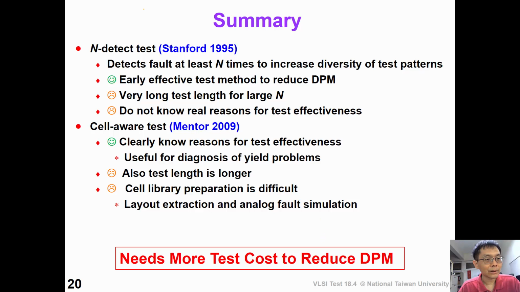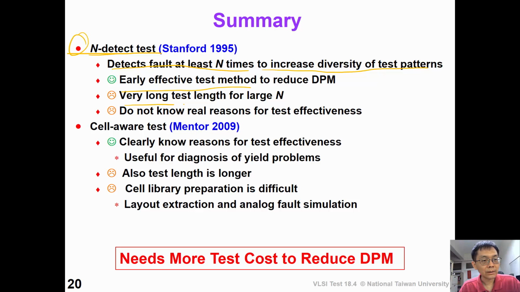Now, in summary, in this video, we have shown 2 advanced ATPG techniques. One is N-detect, which detects each fault at least n times to increase diversity of test patterns. It can effectively reduce DPM.